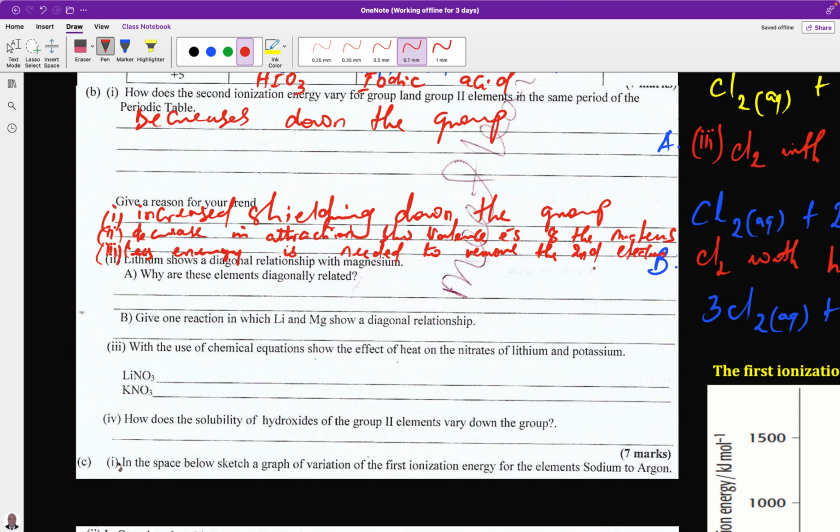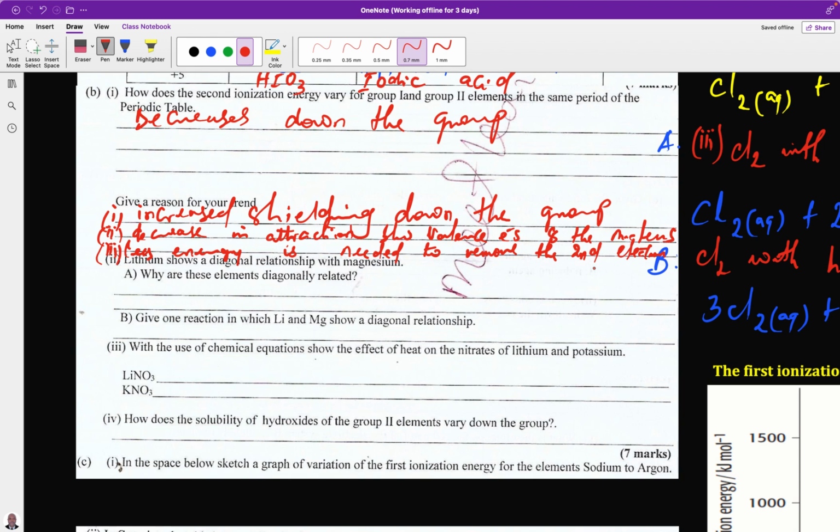So we now say the second ionization energy decreases down the group. The second ionization energy for group 1 and group 2 decreases down the group. That's the general trend. Our reason for the trend is that as you go down the group, there's increased shielding.